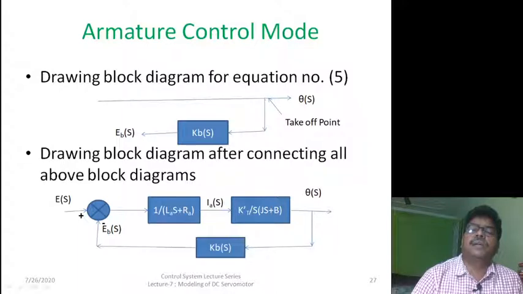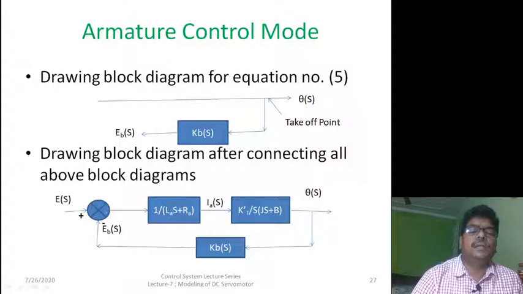Now we tap the signal for the back EMF, since it has a negative sign. Since back EMF depends upon the velocity and K_b is the back EMF constant, E_b(s) equals theta(s) into K_b s. After connecting all the above blocks, we get the system block diagram like this.